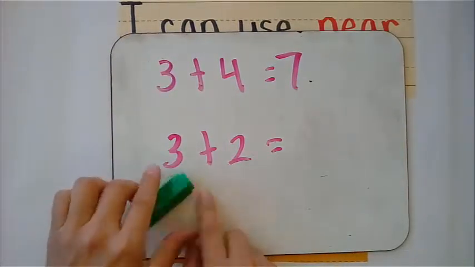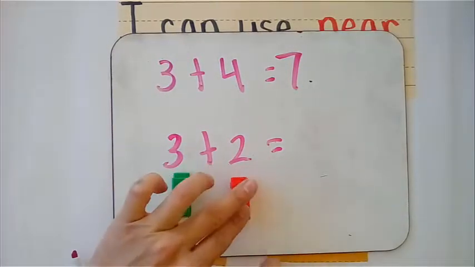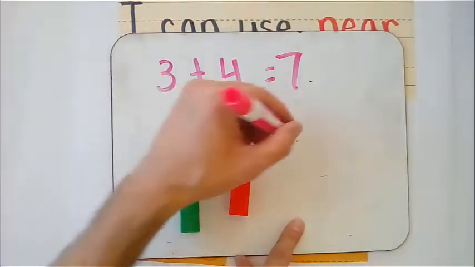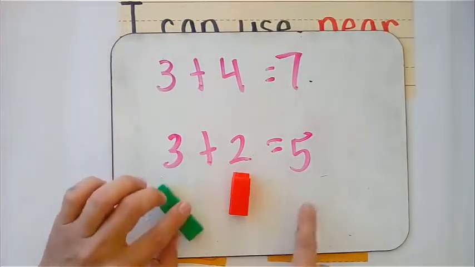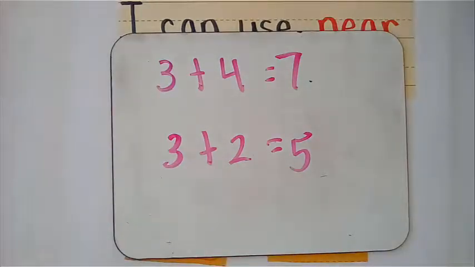I could just say 3 plus 3, because I know that's 6. But then I take 1 away, because I only have 2, so 3 plus 3 is 6, minus 1 makes 5. So when I use my doubles and take 1 away, that is called doubles minus 1. Okay, so those are the two strategies that we are going to be practicing today: doubles plus 1 and doubles minus 1.